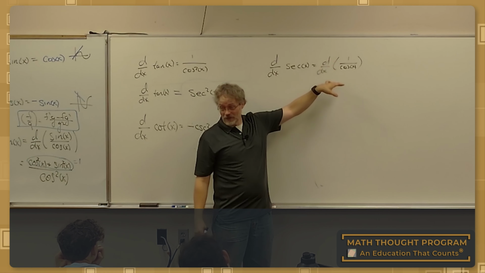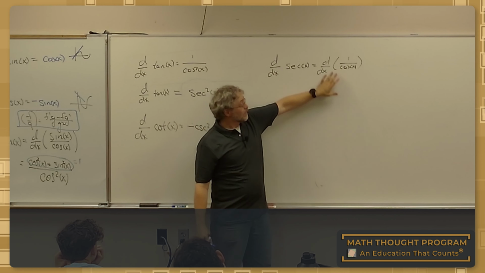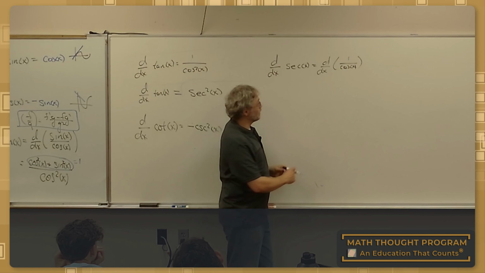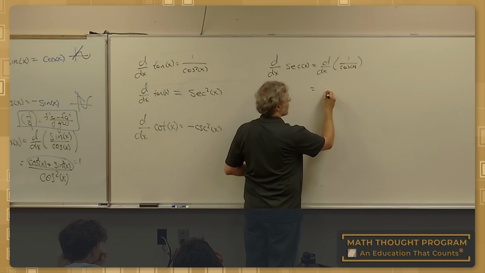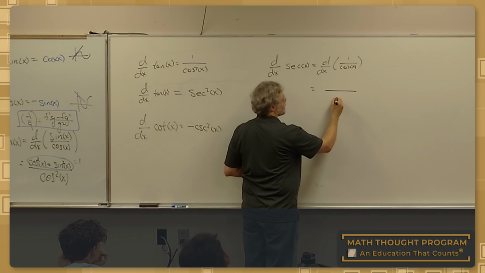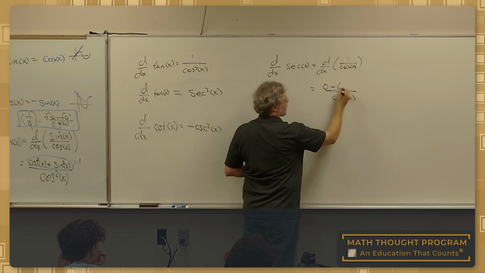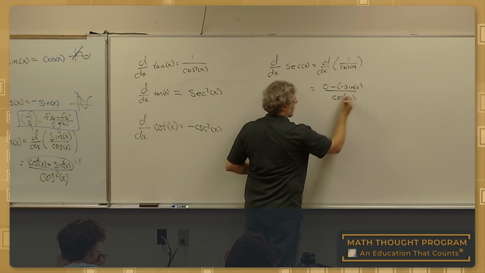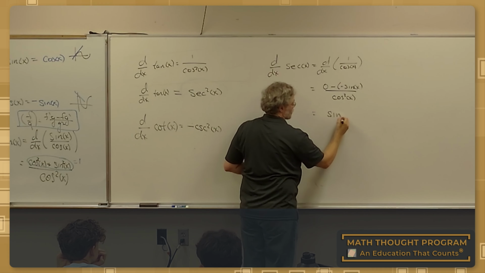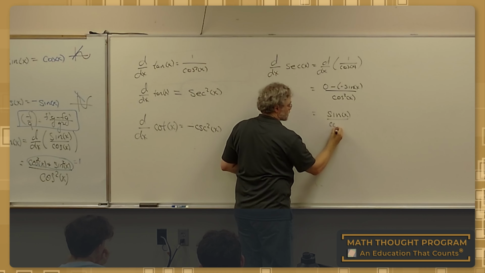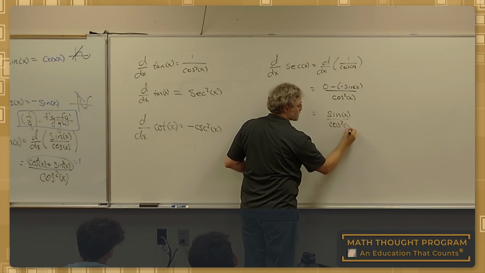Derivative up top, derivative down below, square the denominator. And what we're going to see here in the very end is we're going to get a value of sine of x over cosine squared of x.